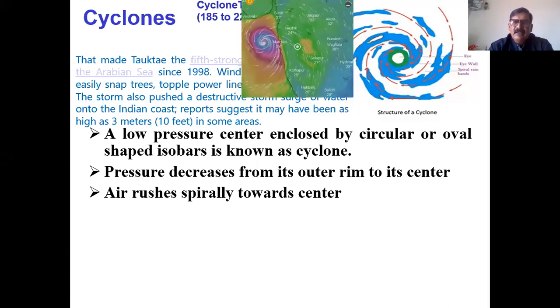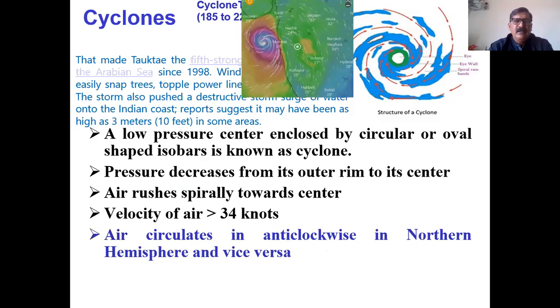Air rushes spirally towards the center, so the velocity of air is more, and air circulates anti-clockwise in the northern hemisphere and clockwise in the southern hemisphere.